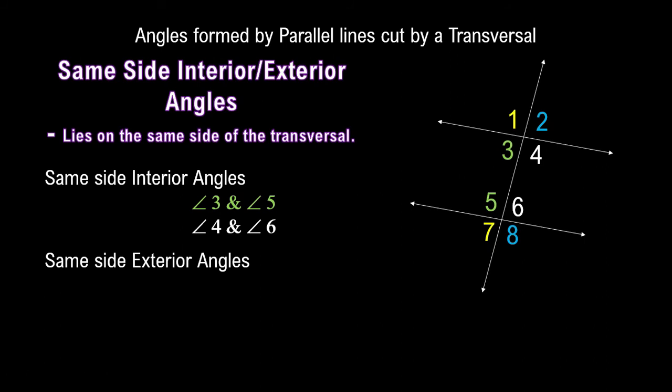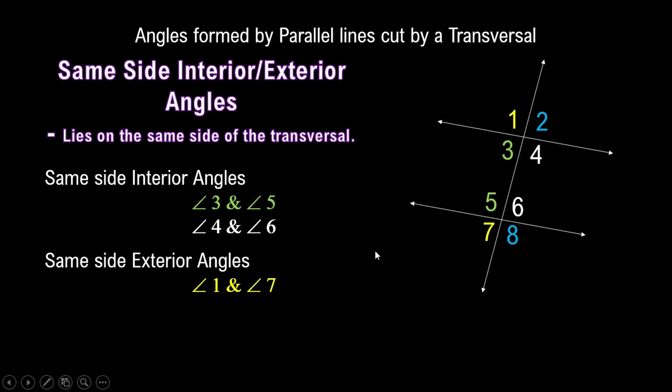The next set of angles are same side exterior angles. When we say same side exterior, these are angles outside the parallel lines and they are on the same side of the transversal. So the first example is angle 1 and angle 7. So same side and then they are outside the parallel lines.